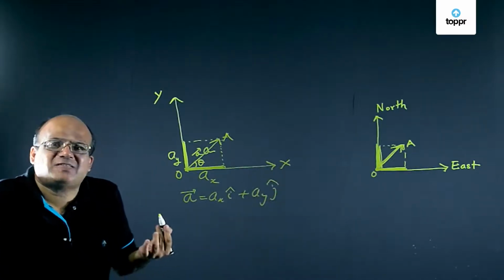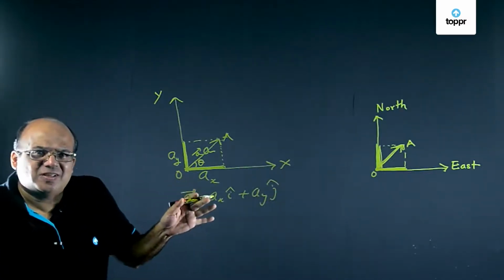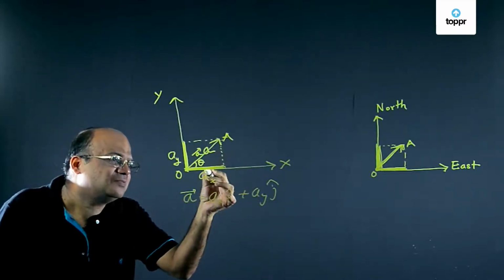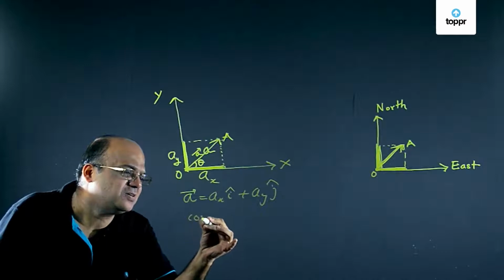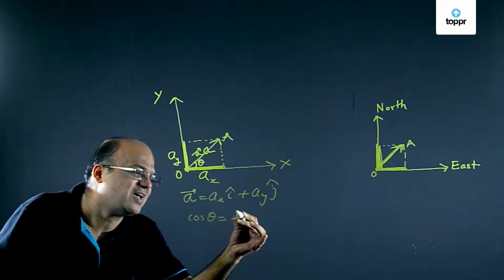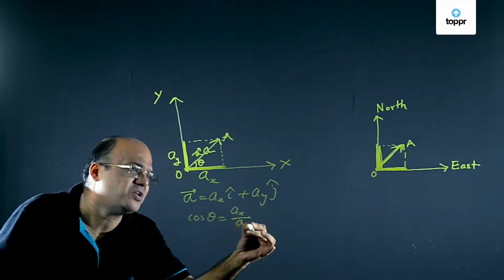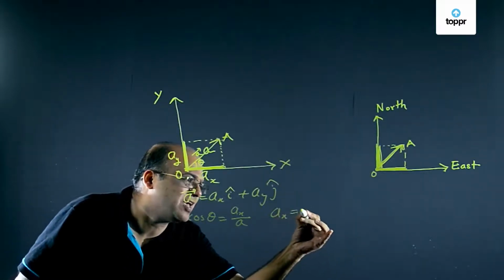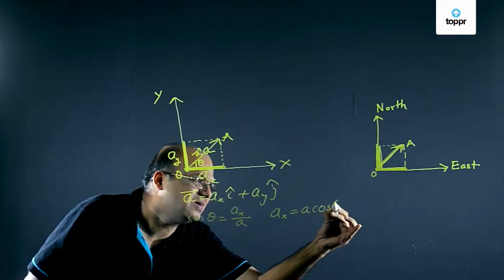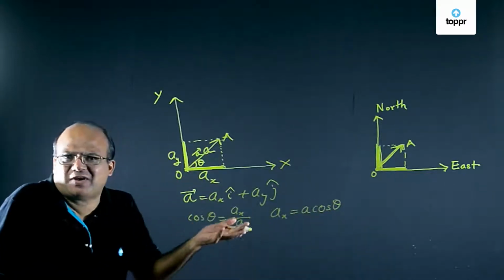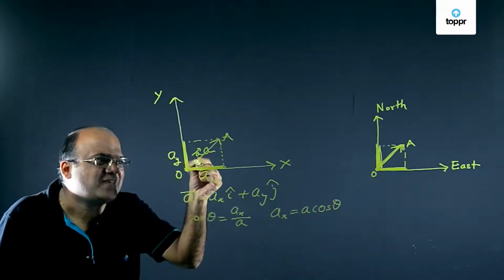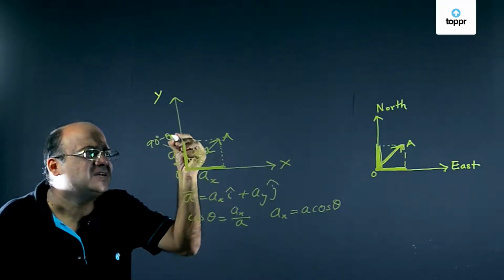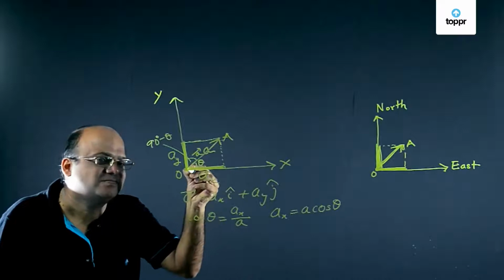Now how to find Ax and Ay? We know A and theta. How to find Ax, Ay? Look at this triangle. What will be cos theta? Adjacent side by hypotenuse, right? So what is Ax? Ax is A cos theta. This is the x component of A vector. How much is this angle? 90 minus theta. Now look at this triangle.